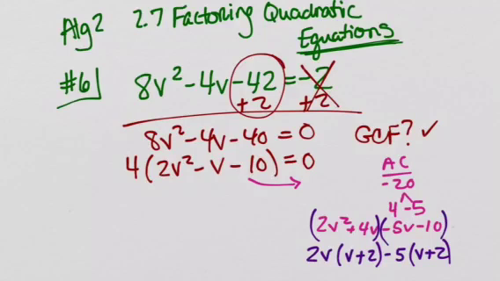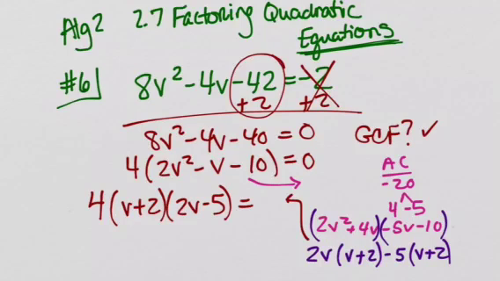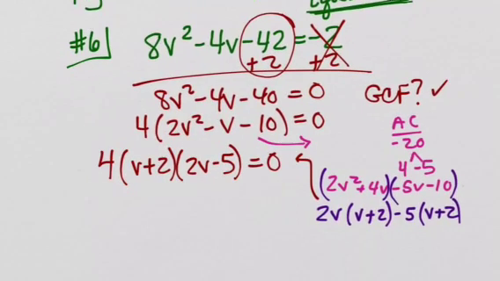So when I rewrite this, let me bring it back up here, it is going to be a 4 times a (v plus 2) times a (2v minus 5), and all of those, when multiplied together, equal 0. Okay? So just slide this up.